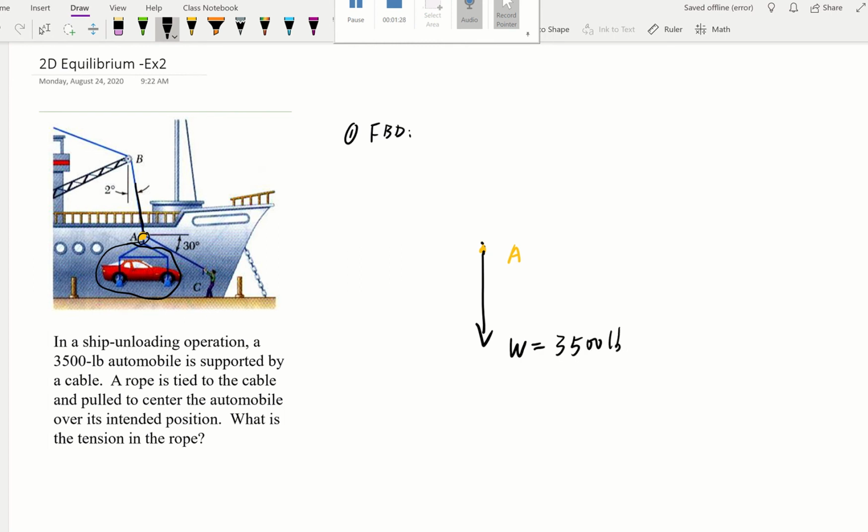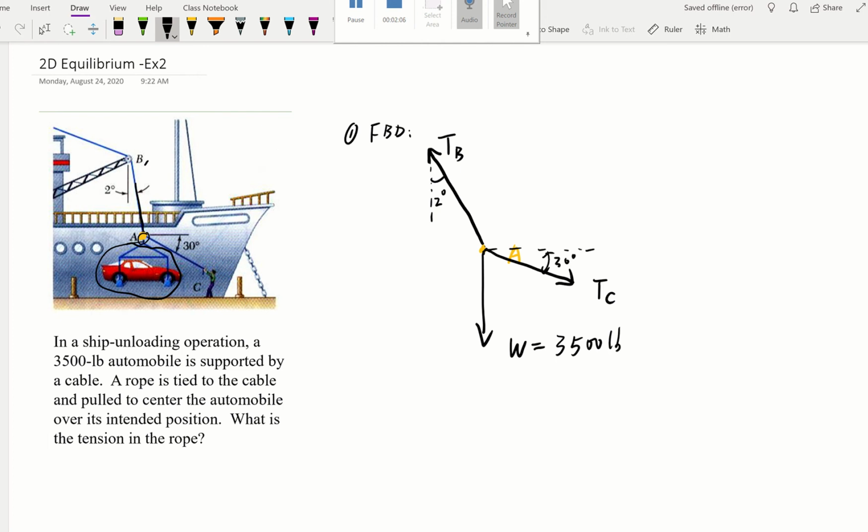Then we're going to have a tension right here, and I'm going to call it TB because it's at point B. That's the tension in the rope, TB, and it is 2 degrees here. Obviously, my angle is way more than 2 degrees. Then we also have another tension in the rope, which we're going to call TC, and this one is 30 degrees from the horizontal line.